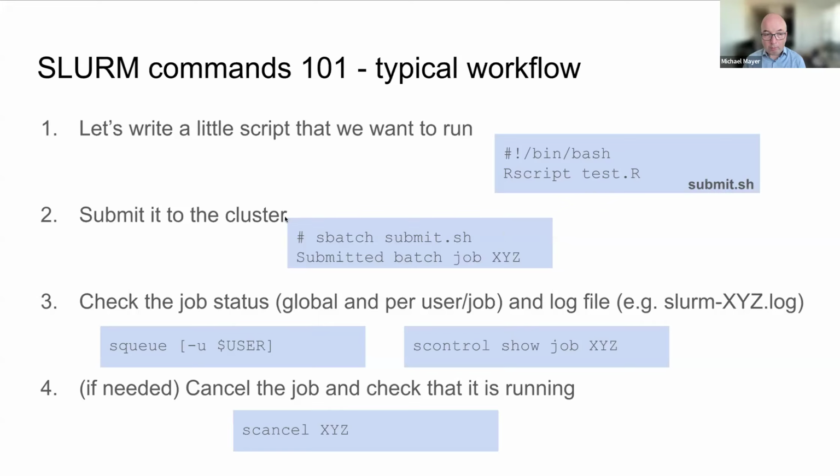You can then submit that script or job to the cluster via the sbatch command, where you just tell it submitter.sh, and it will tell you, I submitted a batch job with this job number. That's the point where the scheduler is aware, and the scheduler will then see, like we described earlier, where it can run that job.